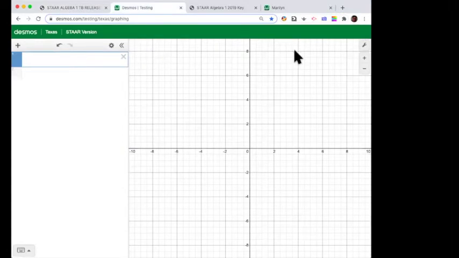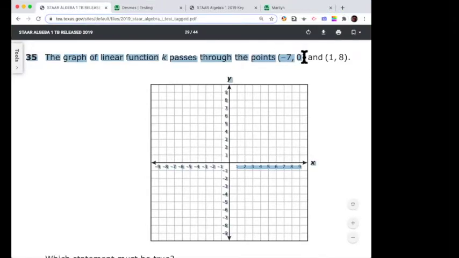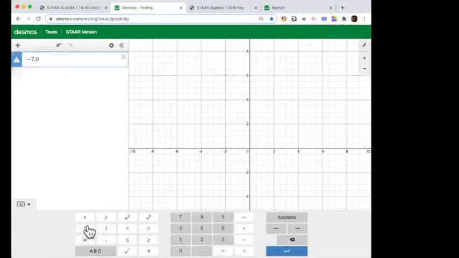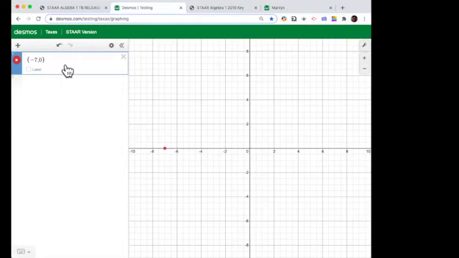So we have a -7 and a 0, and let's not forget to put in the parentheses. Don't forget to label them. We want to see them.